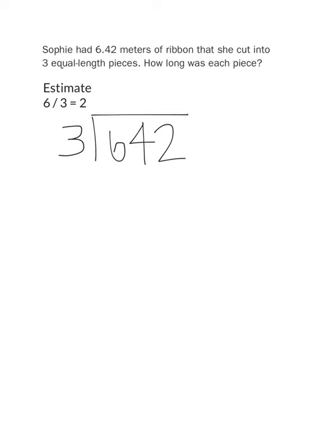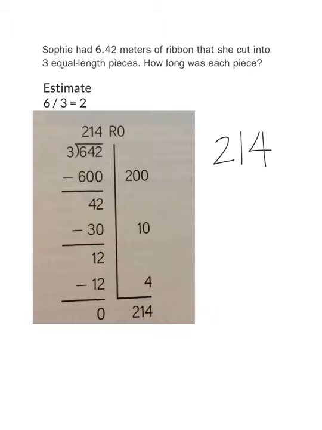Again, I don't care what method you use. You can use partial quotient division. You can use the old lady method. Whatever you need to do to get the correct answer to 642 divided by 3. Okay, so I went ahead and did some partial quotient division here, and I got an answer of 214. Now, the last step in this is placing my decimal point in the answer 214 to find out the actual length of each piece of ribbon that Sophie cut.